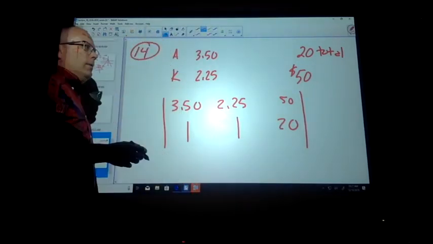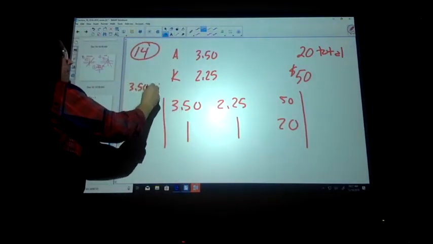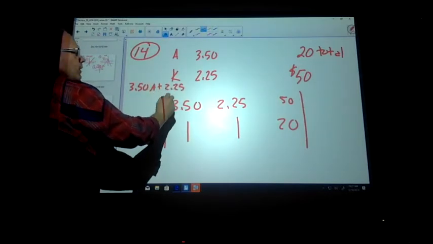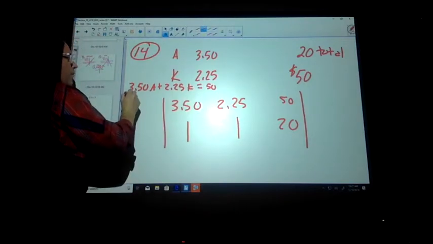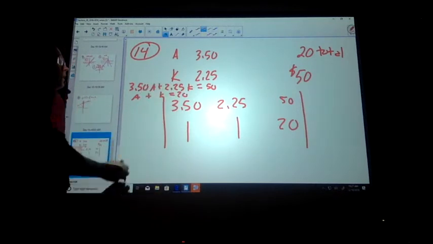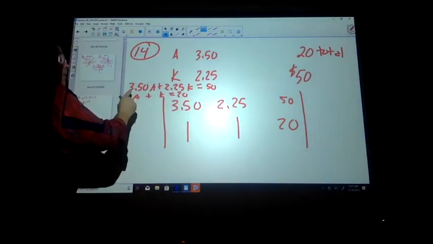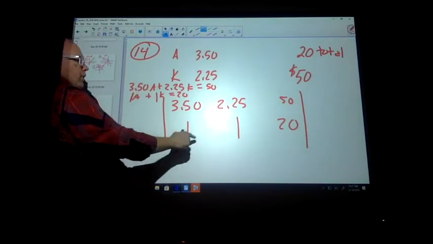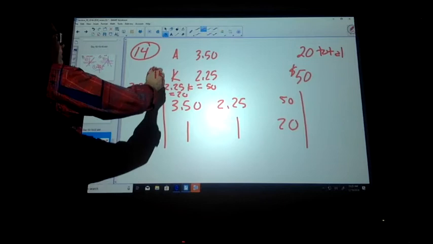This came from 3.50A plus 2.25K equals 50, and the second one came from adults plus kids equals 20. So I just took the lead coefficients: 3.50, 2.25, 50, done. And 1, 1, 20. Is that all right so far? So that's a 2x3 matrix, right?